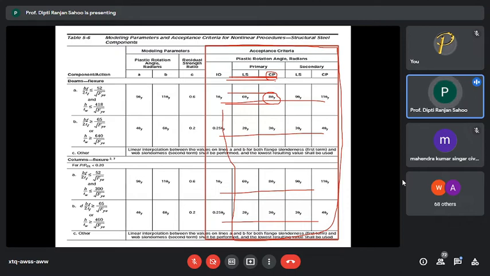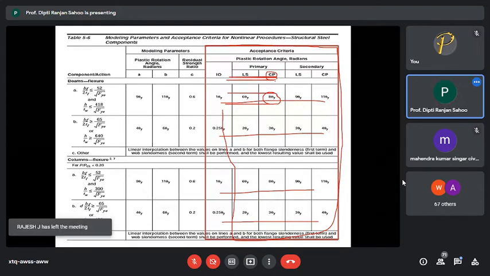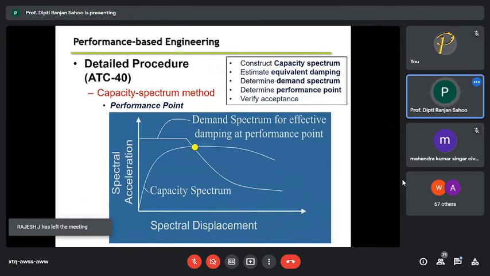So that means those members are actually already collapsed. So what you have to do is go to those members and only redesign those members. That's why performance based design based on this concept takes care of both each member behavior as well as the structural behavior.